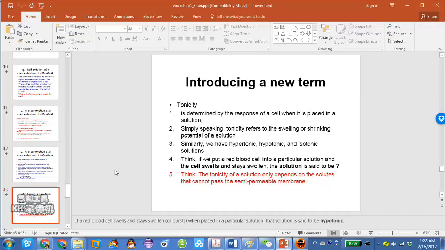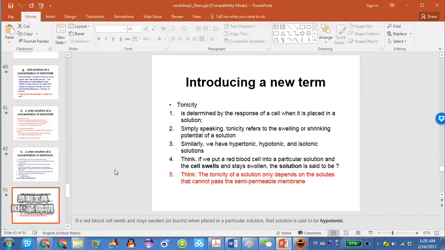Note that every time we refer to the terms of tonicity, or iso-, hyper-, hypotonic, we always refer to the outside solutions. We always say the outside solution is a hypertonic or hypotonic solution to the cell. We never say that the cell is hypotonic to the outside solution. That is a small detail for you to remember.